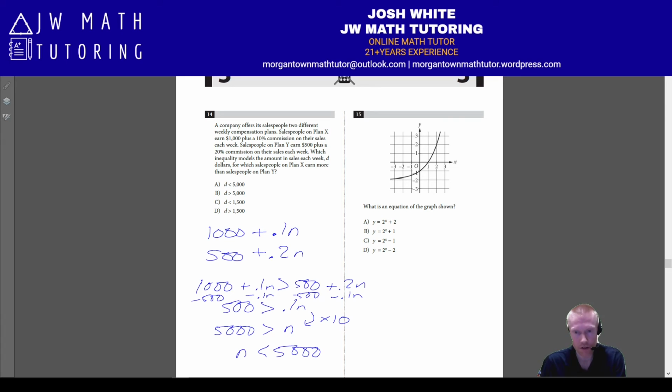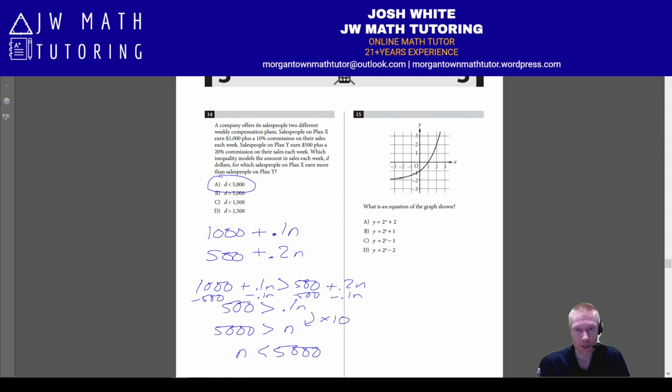Originally, the mouth of the inequality is eating, or going towards, the 5,000. So when I flip the sides, it needs to still stay in that same direction. So therefore, the person on plan X is going to earn more when the sales are less than $5,000 per week. So the correct answer to this one is letter A.